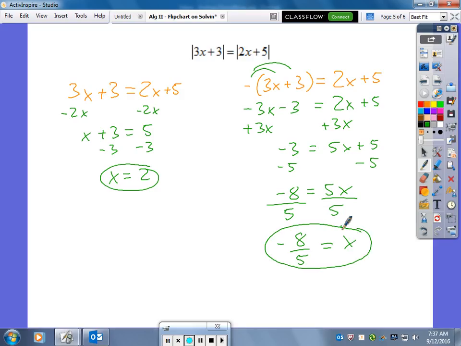Now let's think for a minute. Why did we only need 2 equations here and not 4? One where we have the left side positive and negative, and then the right side positive and negative. Well, here's why. The equation to the left has both terms positive. Now, imagine you can do anything to an equation that you want as long as you do the same thing to both sides.